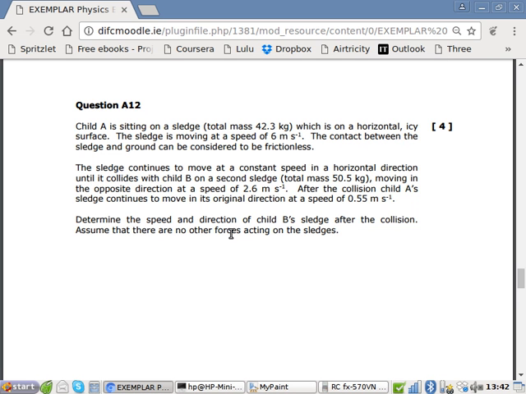They don't stick together. They're non-sticky children, more elastic children.